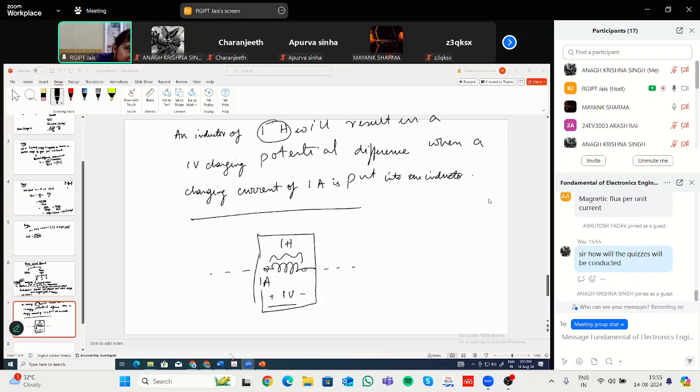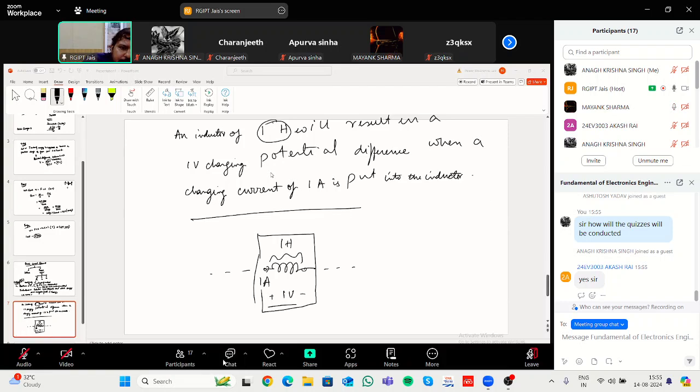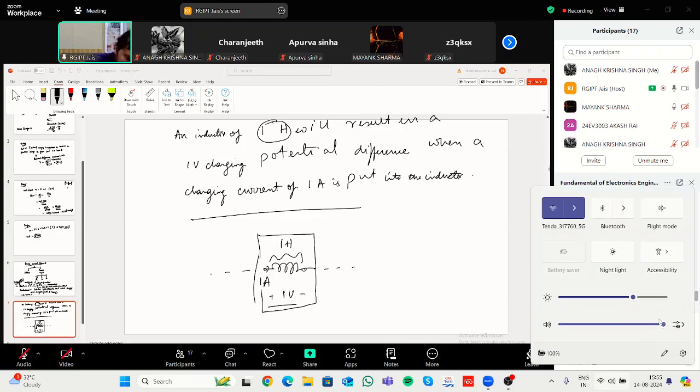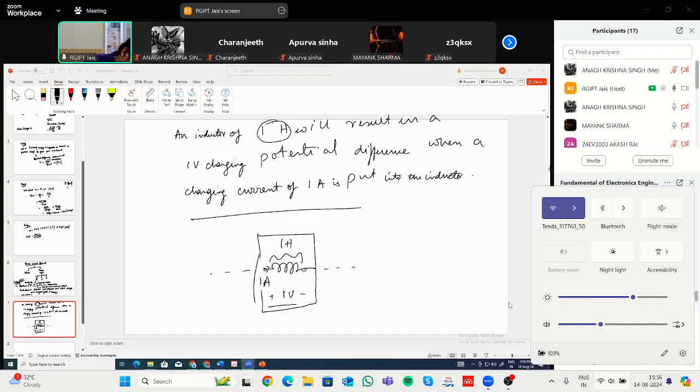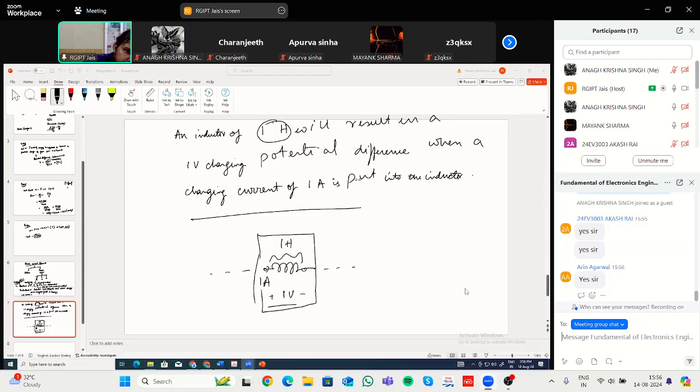Akash Rai is present. Anag is present. Apurva, present, sir. Arin Agarwal, present. Darshan Banwal, not there.